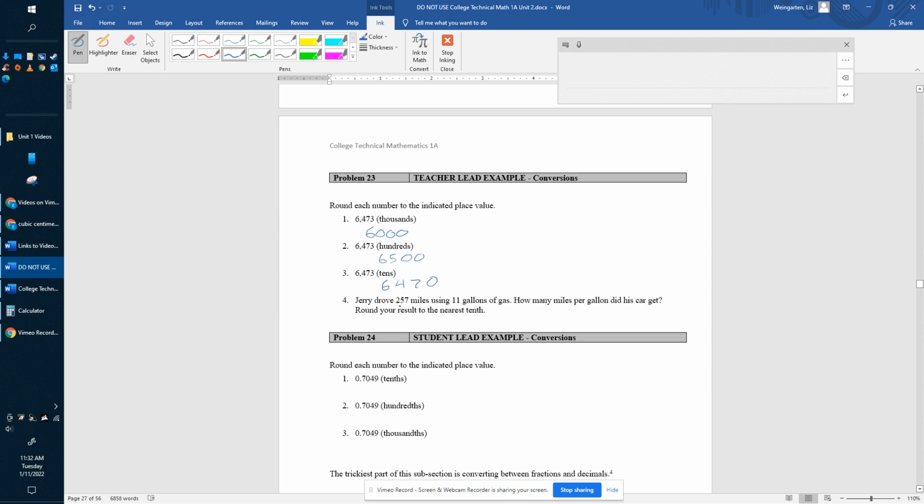Jerry drove 257 miles using 11 gallons of gas. How many miles per gallon did his car get? Miles per gallon? You see the word per? It essentially means divide by. So we're going to take 257 and divide it by 11.